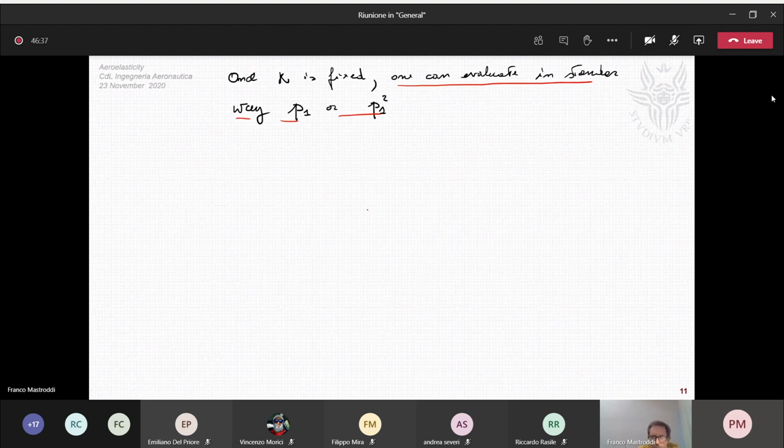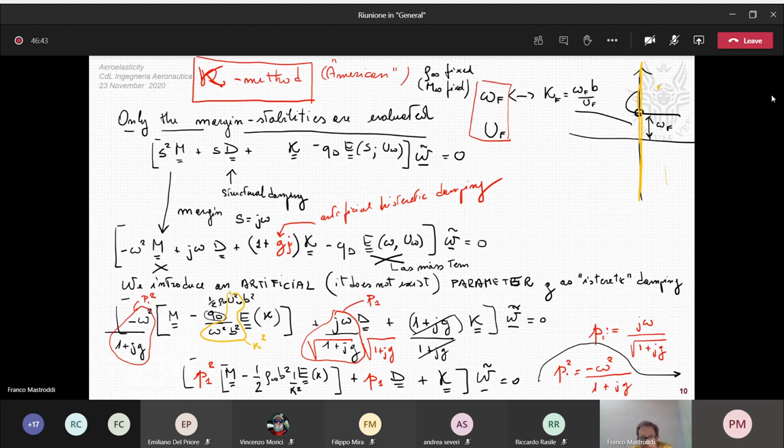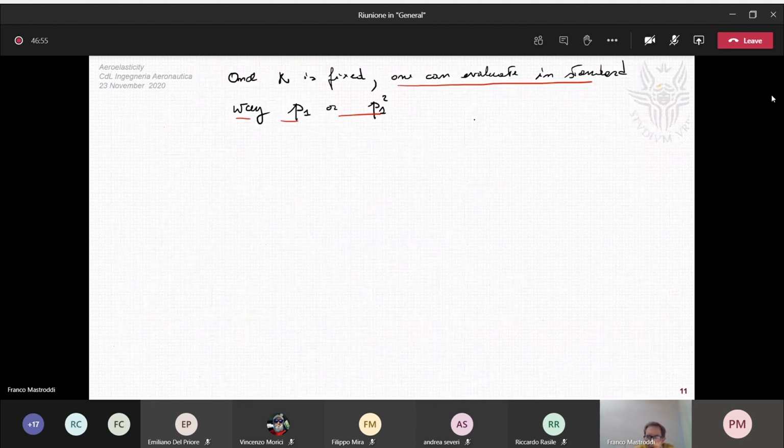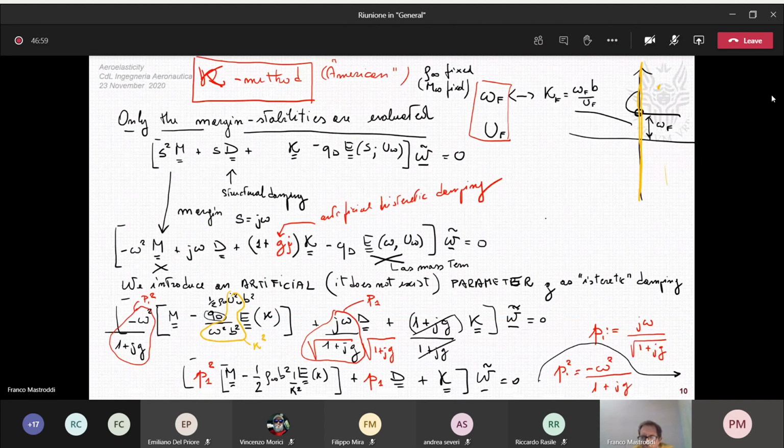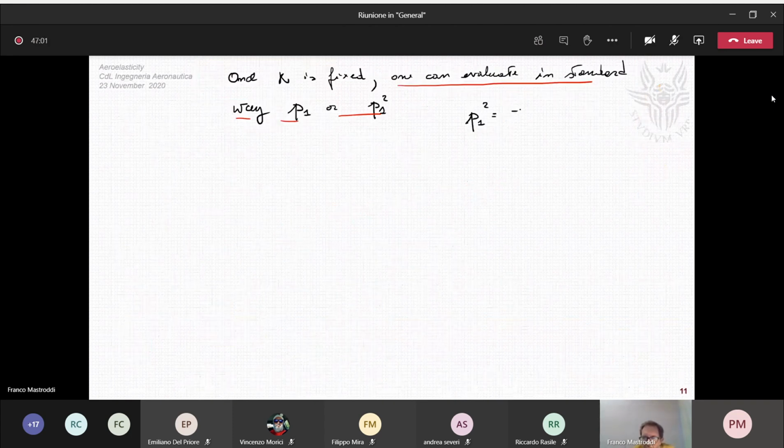P1 to the power 2 is equal to minus omega squared divided by 1 plus jg.